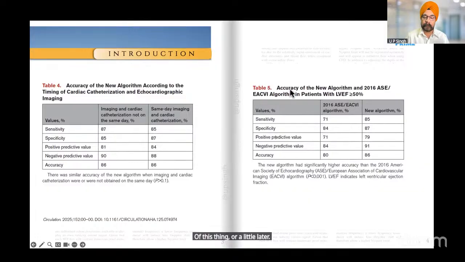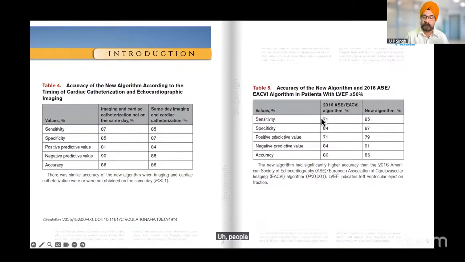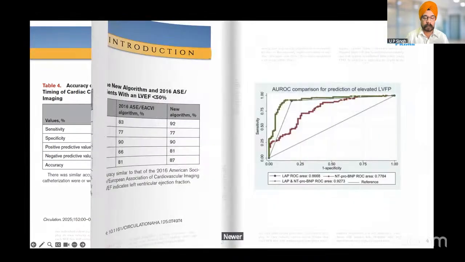But as compared to the 2016 guidelines, in patients with ejection fraction of more than 50, this is again heart failure with preserved ejection fraction, sensitivity was lower and specificity was lower, and it was better in our newer guidelines.